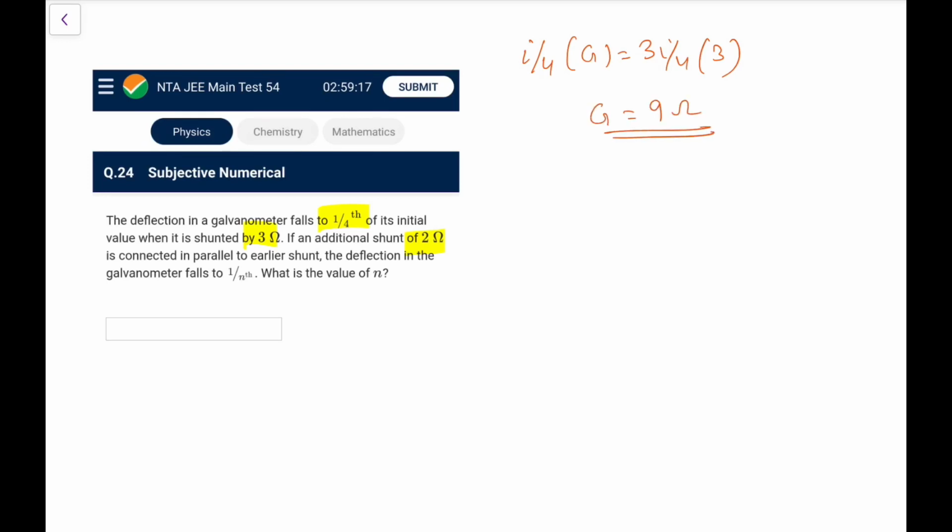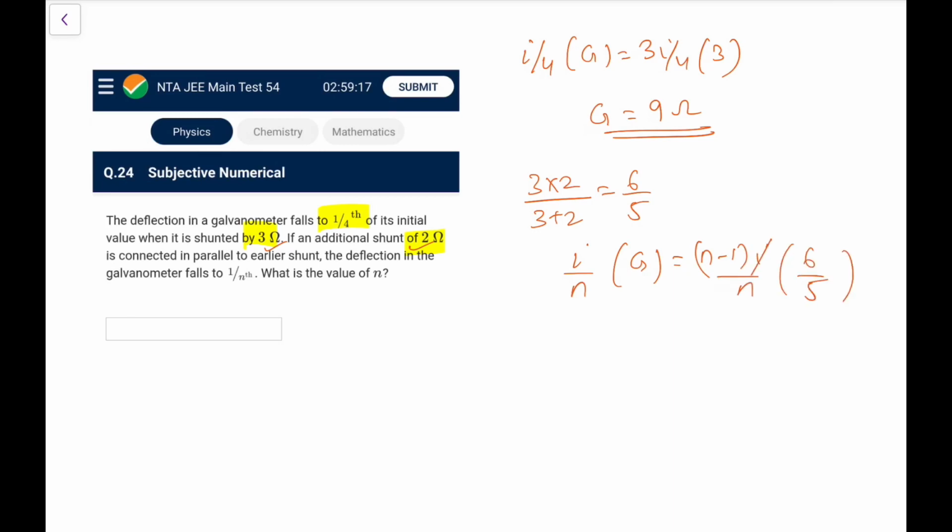Now an additional shunt of 2 is connected to the earlier shunt. So now the 3 and 2 will be in parallel, so 3 into 2 upon 3 plus 2, that is 6 by 5. So now I by n into G would be equal to n minus 1 I by n into 6 by 5.